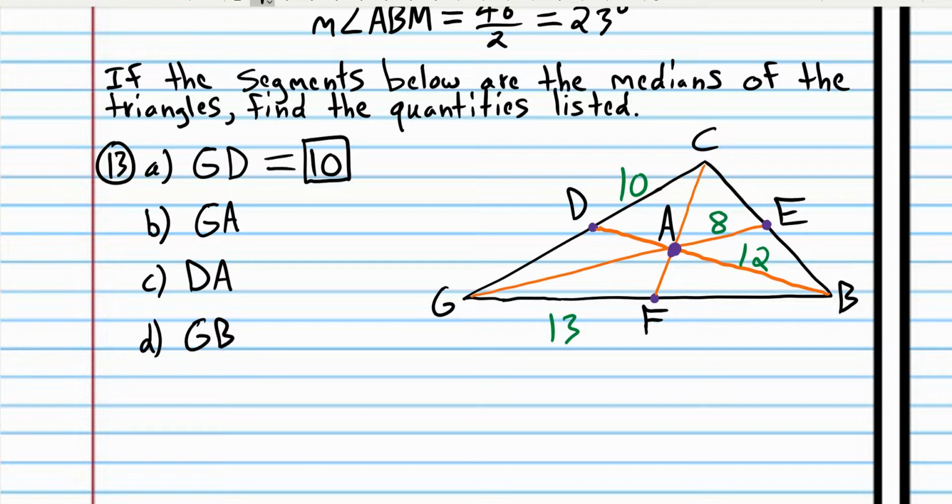Now the centroid theorem says that the distance from a vertex to the centroid, which is A, is 2/3 the length of the entire median. So I know that sounds kind of complicated, so let me just explain. All that means is the distance from the vertex to the centroid is double the distance from the centroid to the midpoint of that same median.